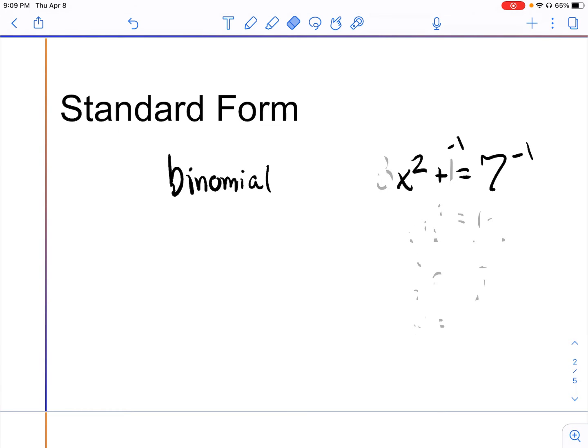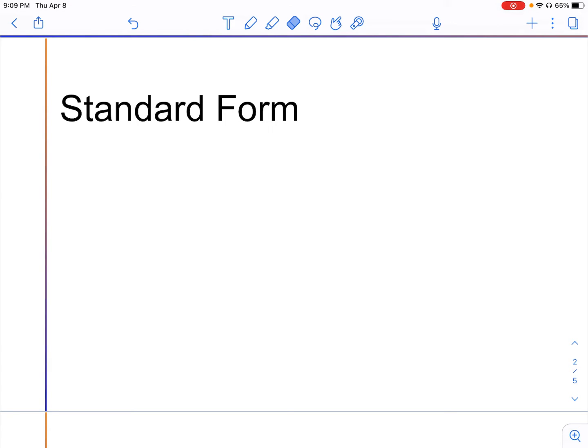So we've done binomials, but what we want to move on now to are quadratic polynomials. So poly refers to multiple terms, and specifically we're going to look at what's called the standard form quadratic trinomial, or we can just say a quadratic equation.